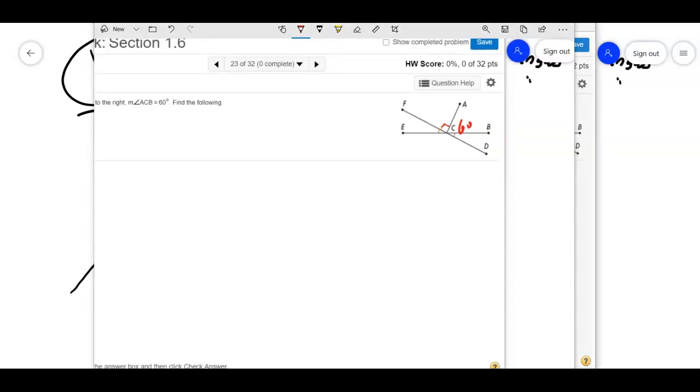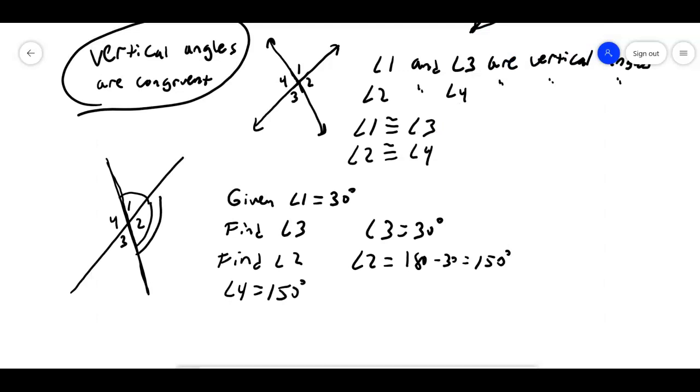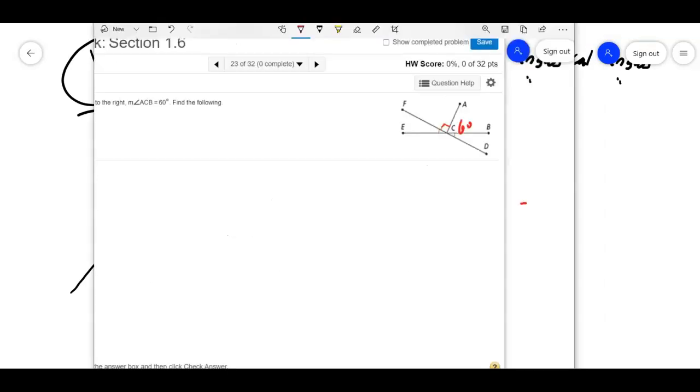So this one's a little tricky. We can see that since this one is 90, this one here is 90. And so this one is 60, which means this one right here has to be 30.